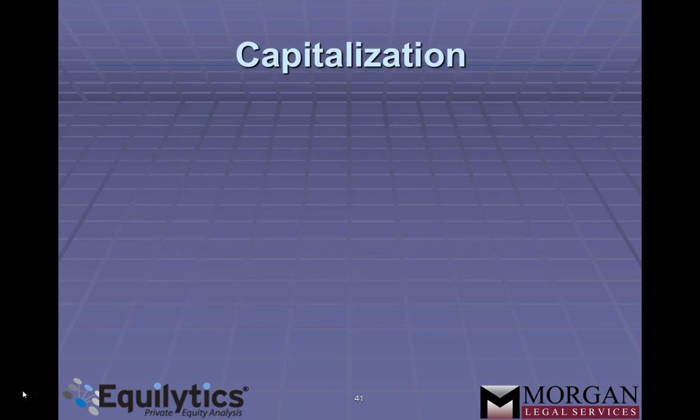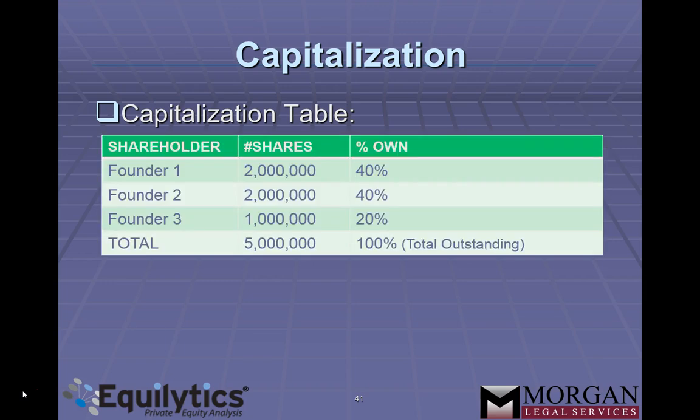So at this point, we're going to show how a cap table is laid out and depict the issuances, depict the ownership in a cap table. And this is what it looks like. What we're showing here is a column of the shareholders, the number of shares that they each own, and we're showing the total, which shows us the total outstanding, and then the percent of the company that they each own.